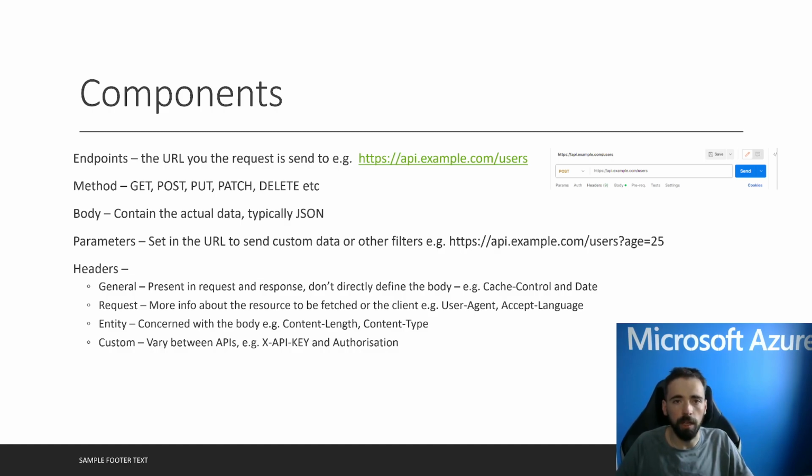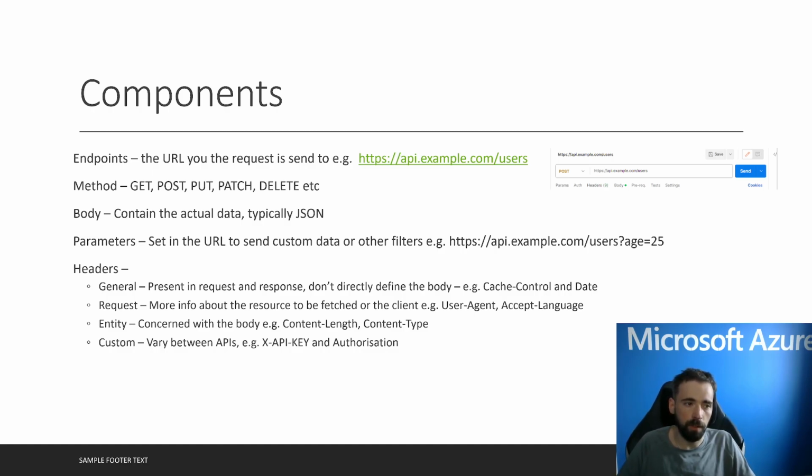But the example we've got here is api.example.com/users, which may be where you would do API requests relating to users in an application. We then got the method, as discussed in the previous slide. We specify this for the API call. We've got the body, which contains the actual data.